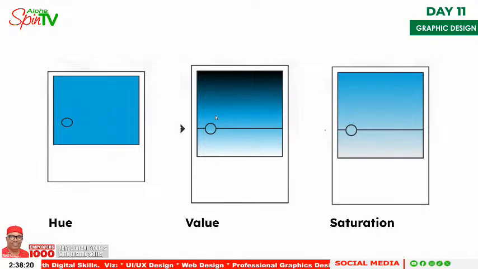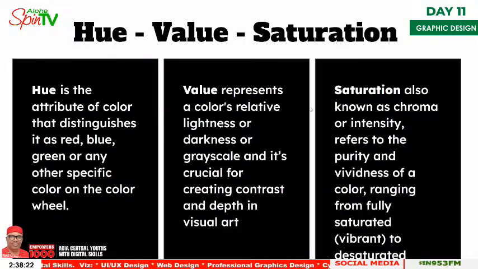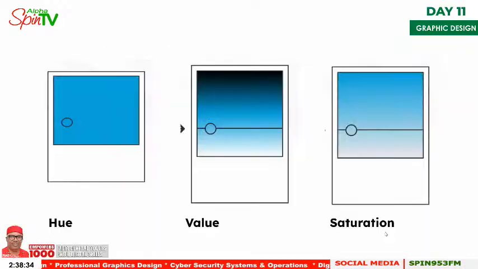Now let's talk about saturation. Saturation, also known as chroma or intensity, refers to the purity and vividness of a color, ranging from fully saturated, vibrant to desaturated. Are we together? This is the same color. Now it's talking about how strong the color is, the intensity of the color. You see that the main hue here is different from the saturation.